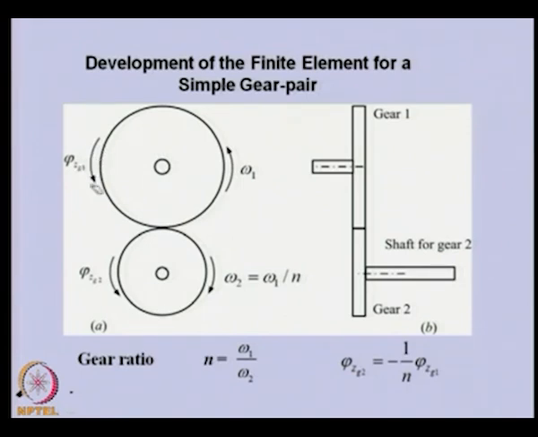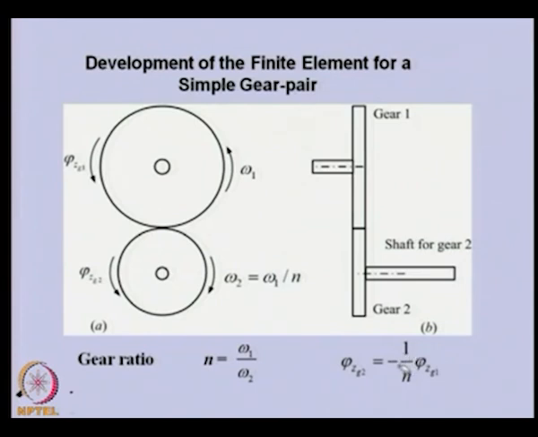I am taking both as counterclockwise positive, and the negative sign will take care of their direction, because this has to rotate opposite to this, but according to this sign convention they will be related with a negative sign. So, gear 1 and gear 2 have angular displacements, and these two are related by the gear ratio.